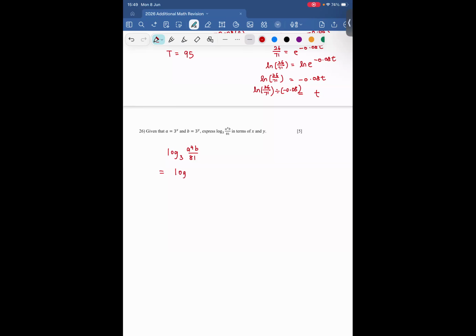Log 3 a power 4b subtract log 3 81. So I'm doing the reverse. And then this is just log 3 a power 4 plus log 3 b. This is actually log 3 81, 3 power 4.